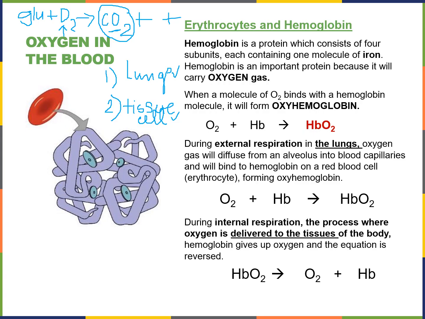The exchange that takes place in the tissue, cells, and organs of the body, that one is referred to as internal respiration. So one of the things that you have to keep in mind as you process this information is which gases are leaving blood and where are they going, and which gases are entering blood and where do they come from. So let's take a look.